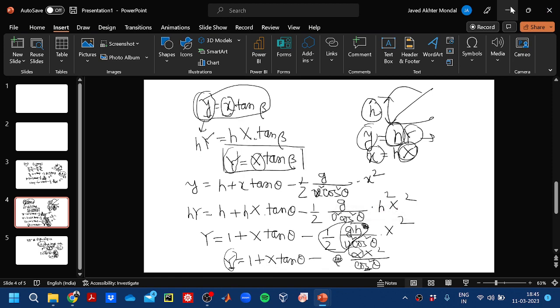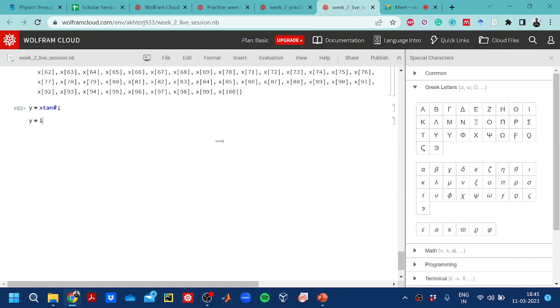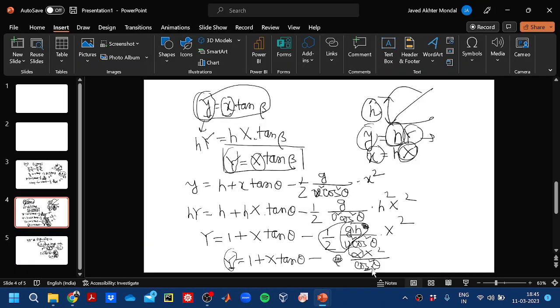1 plus x tan theta, 1 plus x tan theta minus, suppose we are denoting the constant by gamma, gamma x square by cosine square theta.